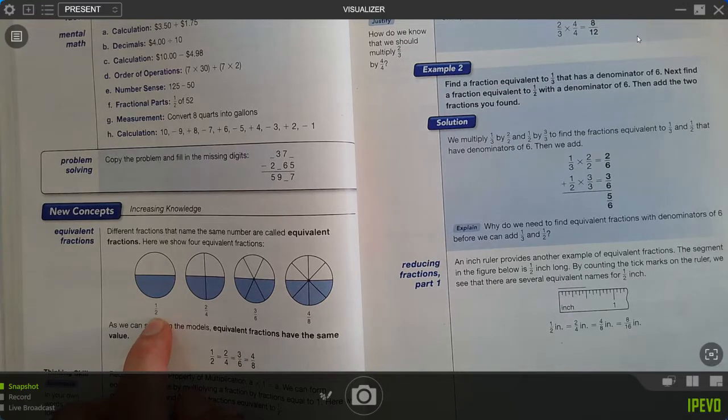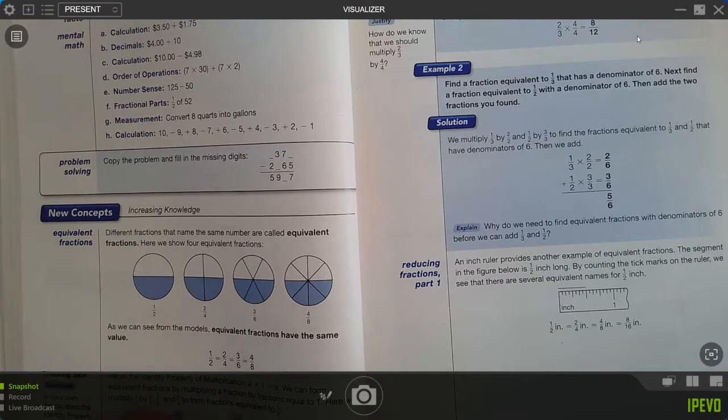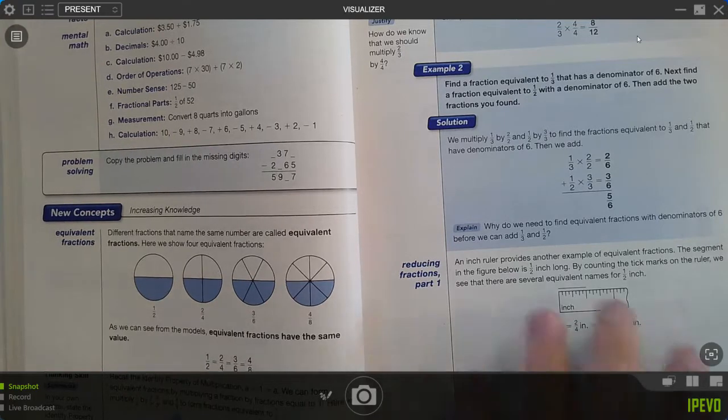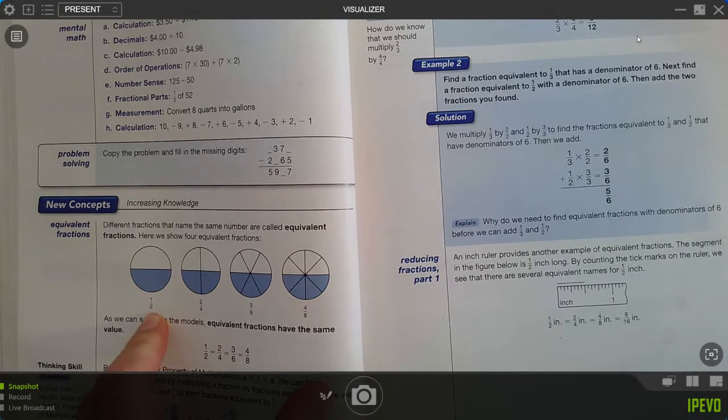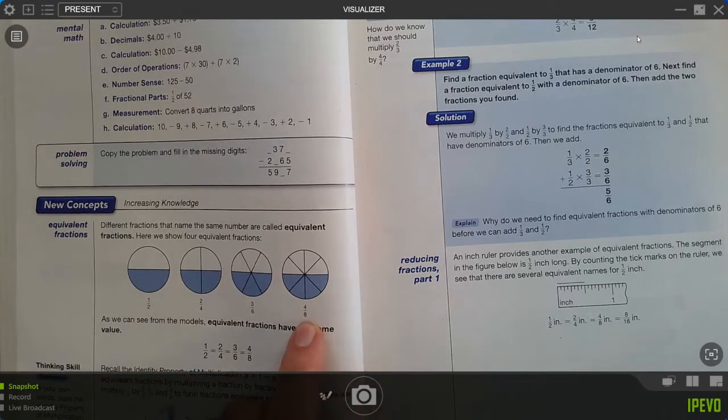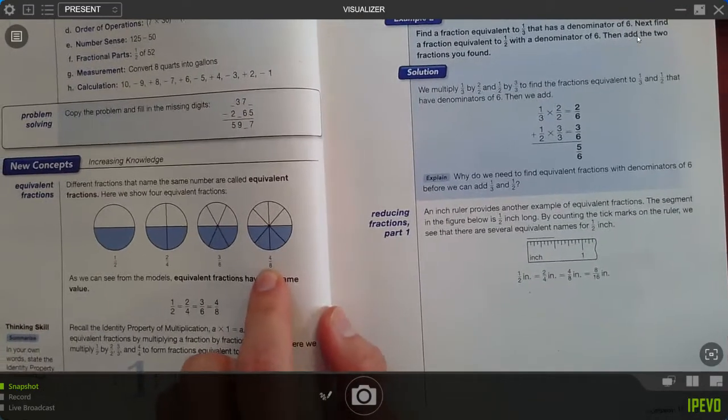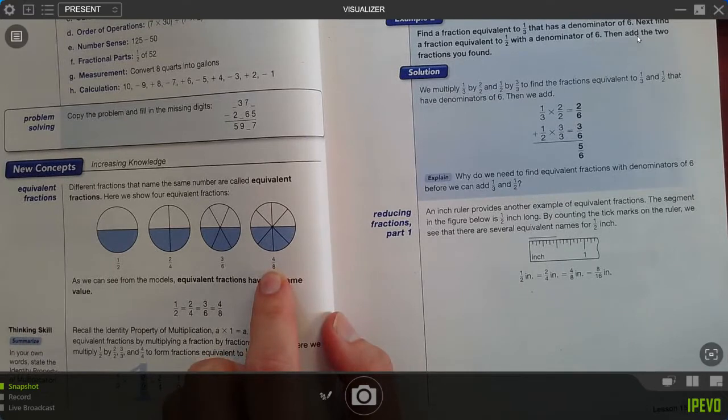You can multiply without them being the same, but when you are adding and subtracting, they have to be the same bottom number. So you need to be able to know how to figure out equivalent fractions, because there's times which I have a half, but it won't help me with my equation. I need to change that half to say 4/8, because then I'll be able to use it. Okay, so it doesn't change the amount, but it changes how I use it, and it'll be more helpful.